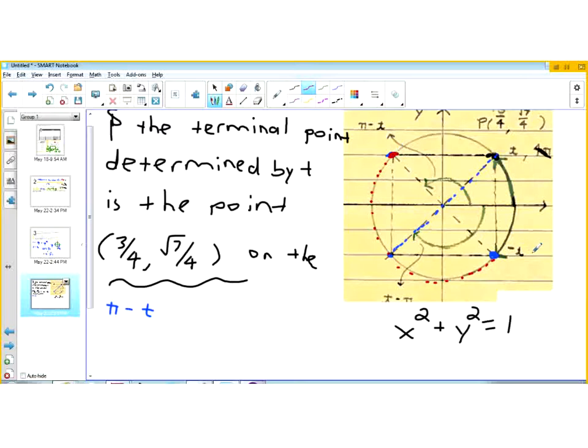Well, we know that if the coordinates of t are x, y, which we're given, then the coordinates of negative t would be x, negative y, like this, right? And by symmetry, the coordinates of this point would be negative x, negative y.